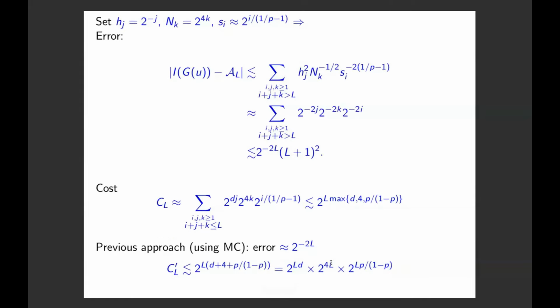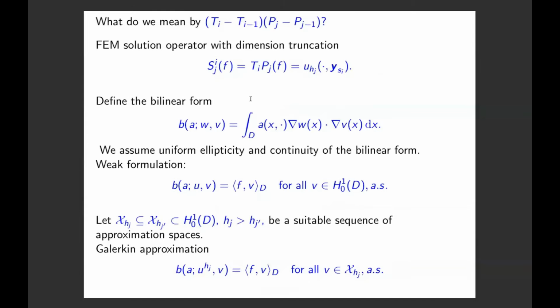So how can we prove this bound, which is of the correct order? First we need to become clear of what we actually mean with these operators. We need to fill in some details here. So we have this operator Ti minus 1 and Pj minus 1.